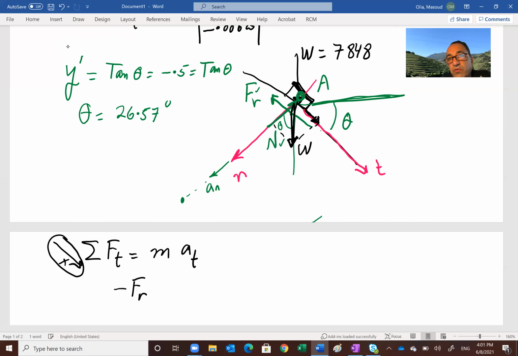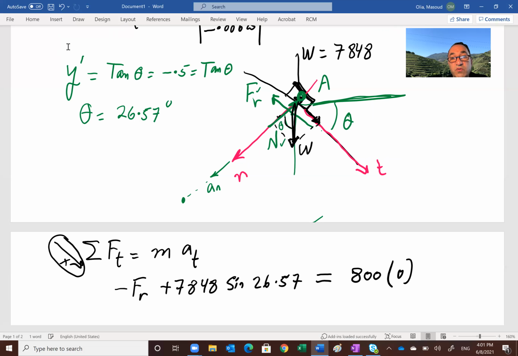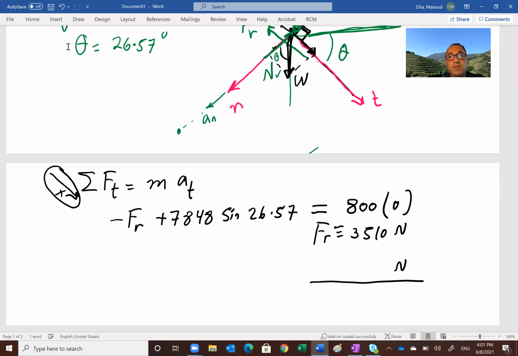So this would be 7,848, the weight, times sine of 26.57. On the right-hand side, we have 800 kilograms, but tangential acceleration is 0 because velocity was constant. So I can easily solve for the friction force, which comes out to be about 3,510 newtons.